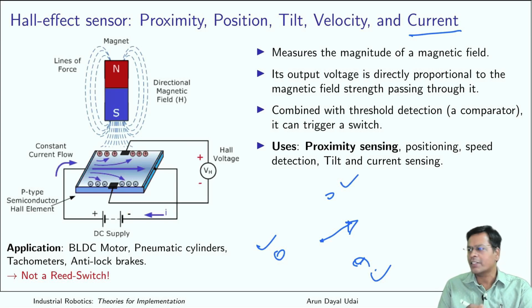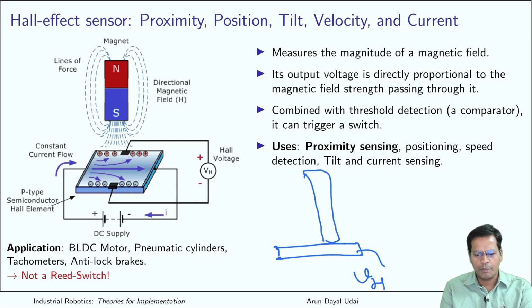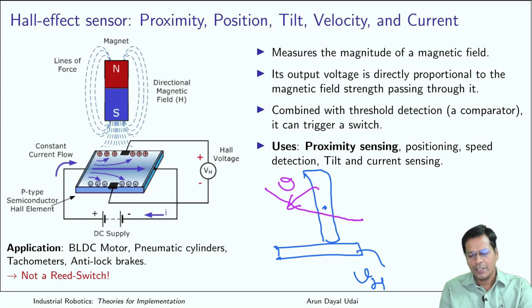It can be used like a tilt sensor. Let us say you have this plate which can detect the Hall sensing voltage. Now you have a long magnet, which can pivot about this. If it gets tilted by a certain angle and is oriented like this, the field passing through this plate is different.